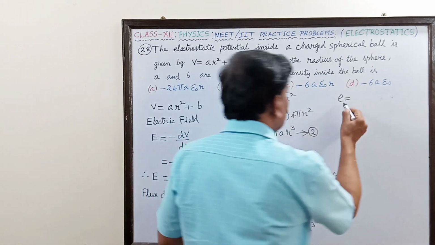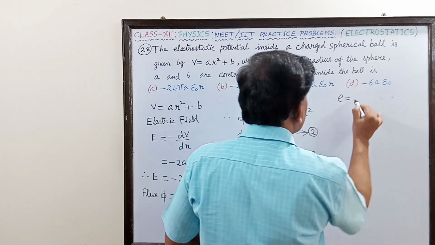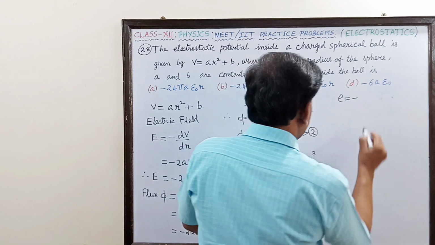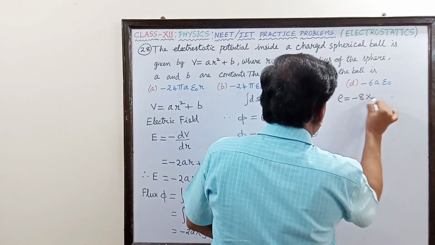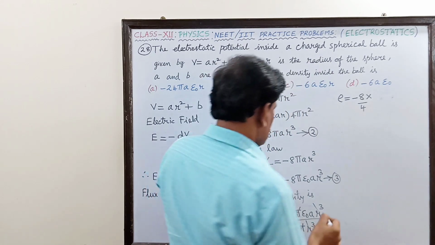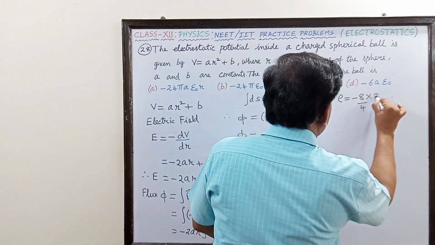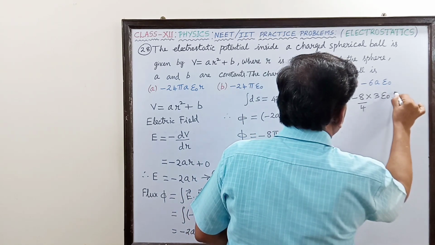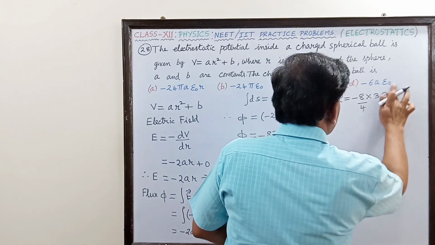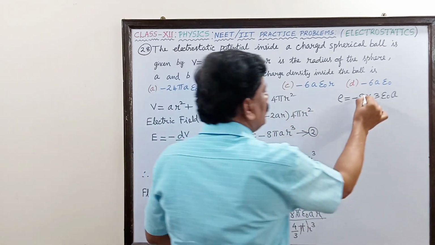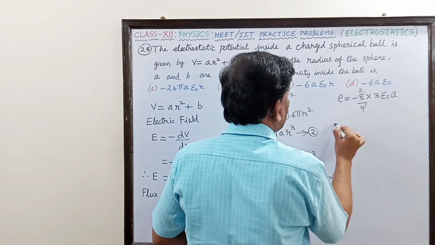So this volume charge density is now equal to minus 8 divided by 4 into 3 epsilon naught A. Now this is 2 times; 4 2s are 8.